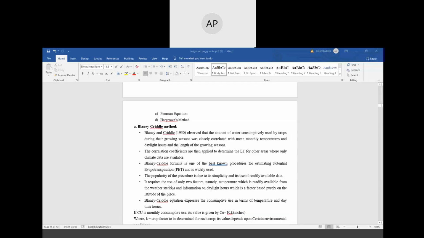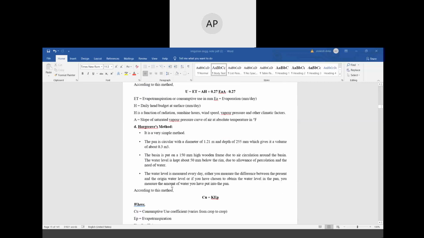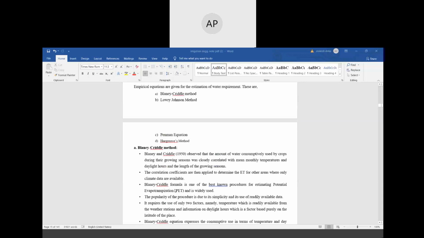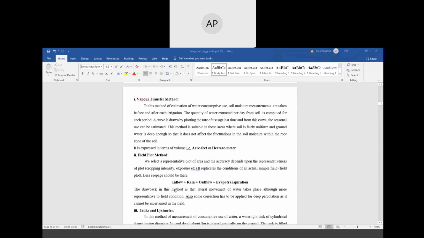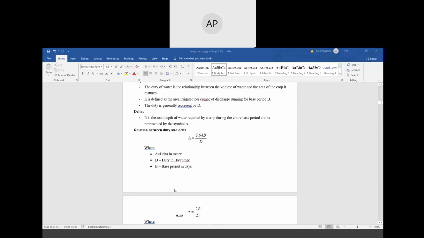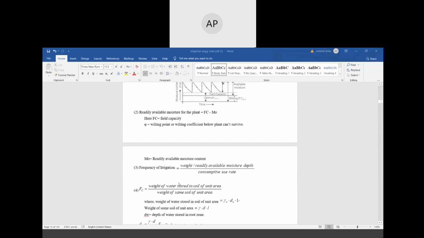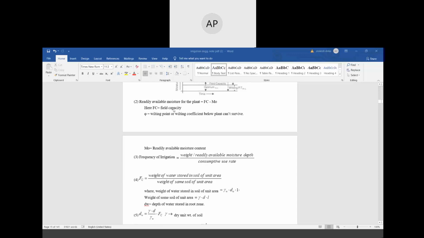Okay, one definition is left, I think. Field capacity is not given here. What is the definition of field capacity? Actually, from the figure you can see, okay, here it is. Here Fc is the field capacity and PWP is the wilting point or wilting coefficient. Below this, the plant cannot survive.